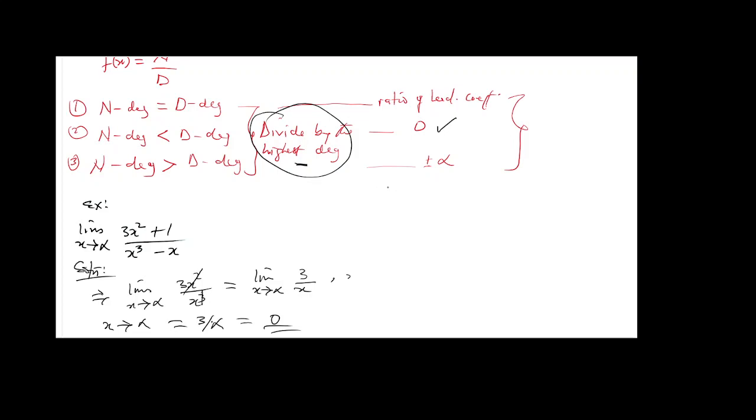So we are going to have the limit as x approaches infinity of 3x squared plus 1 all over x cubed minus x. Remember, we multiply both sides with the highest degree, and the highest degree is x to the power of 3. We divide both sides, so we are going to have 1 all over x cubed.